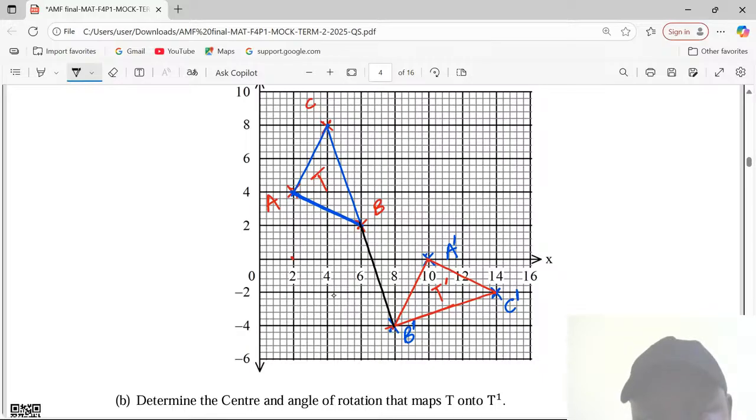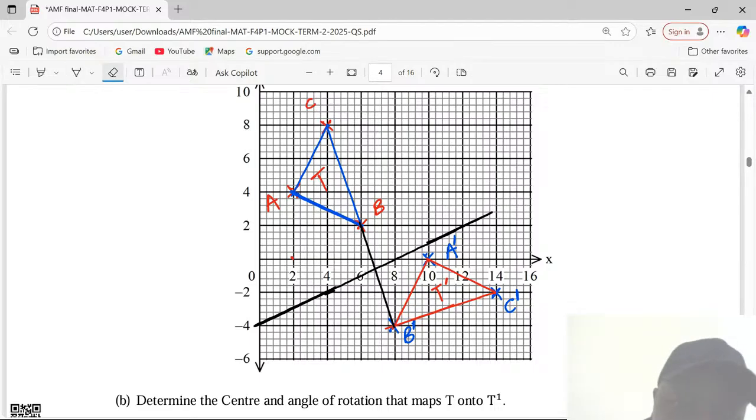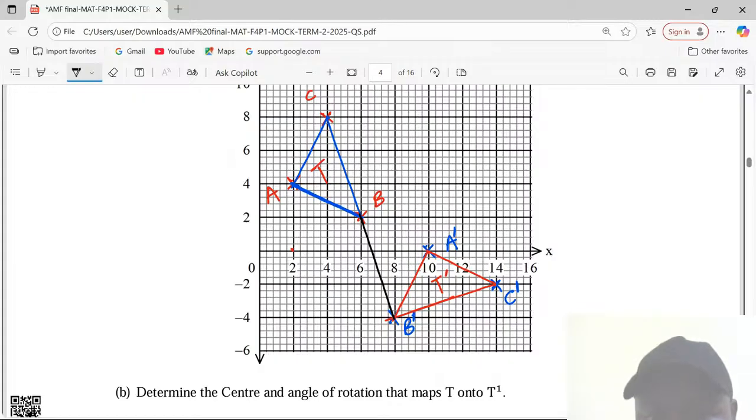So let me bisect this. I've bisected. I don't know whether my bisection is very perfect. Let me redo it. I just want to bisect B B prime perpendicularly.